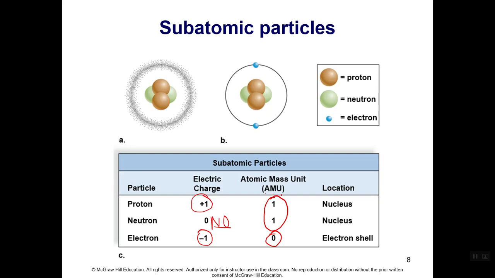Protons and neutrons have an AMU, or a mass of 1 apiece. And then electrons are going to have a mass of 0. Okay, so you need to know all of that. I put it into this nice little chart here and made it available for you because I like charts, and I know a lot of y'all probably are similar and like to remember things based on looking at pictures.